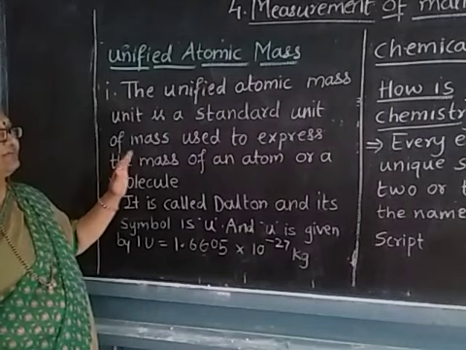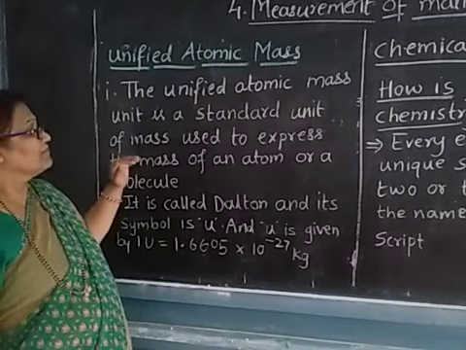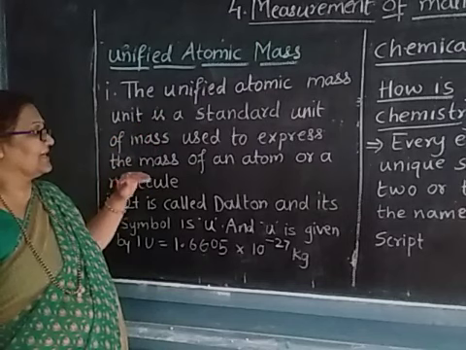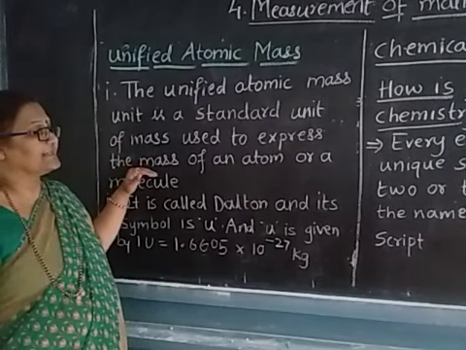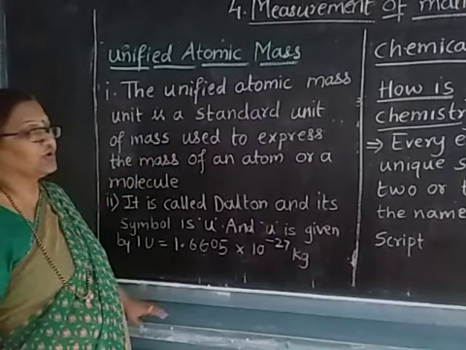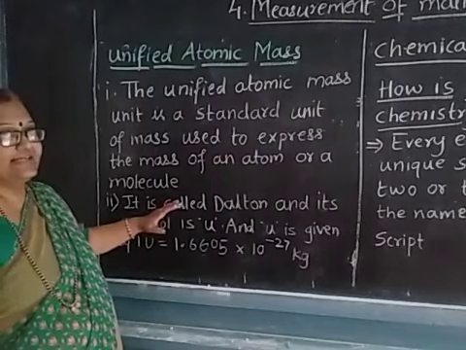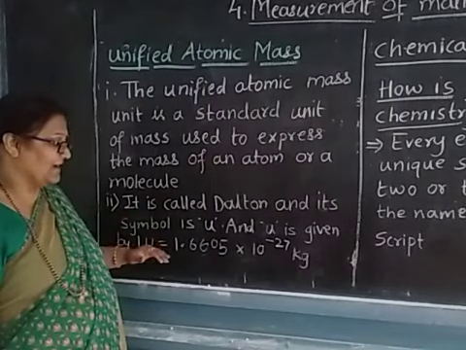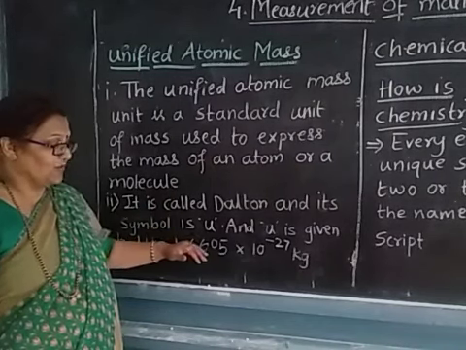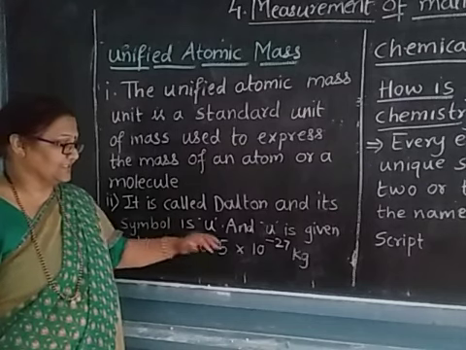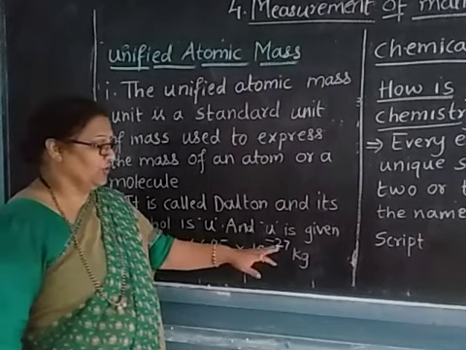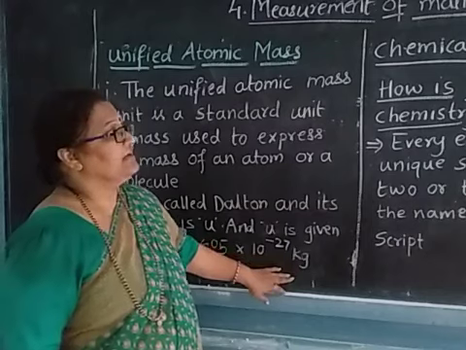That means it is a standard unit with which we can express the mass of an atom or a molecule, and 1 Dalton is equal to 1.6605 into 10 raised to minus 27 kg.